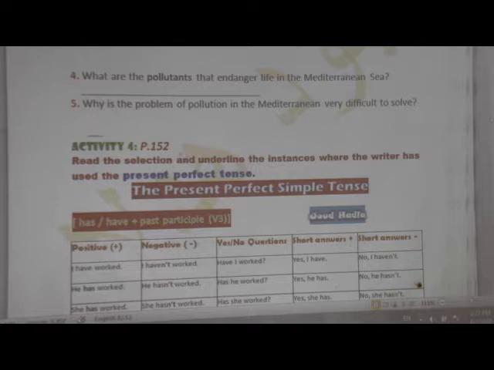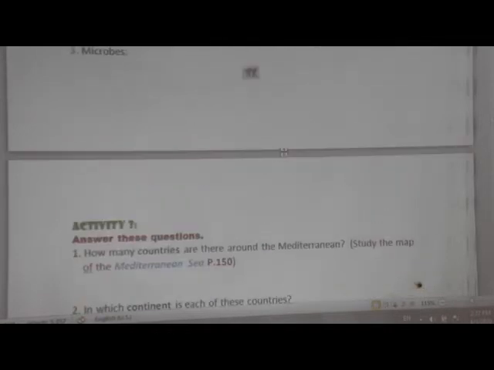Now, activity 4, and it is the last activity for this article, page 152. Read the selection and underline the instances where the writer has used the present perfect tense. Here I've done them.